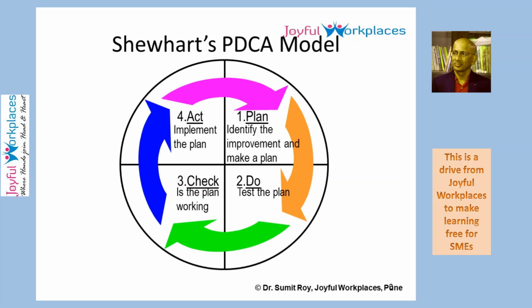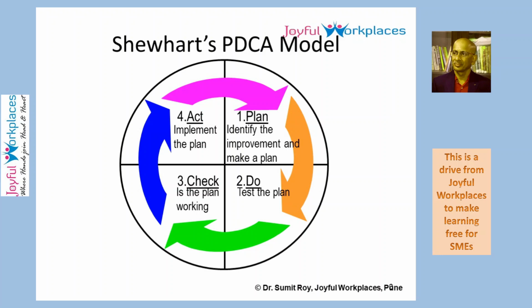We check against the objective whether we have been able to address that or not, and finally, in order to take care of the gap between the plan and the check, further actions can be planned and a new improvement plan can be adopted, and the same can move around the PDCA loop once again.